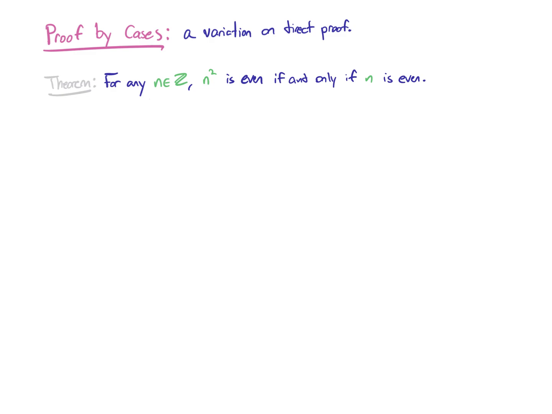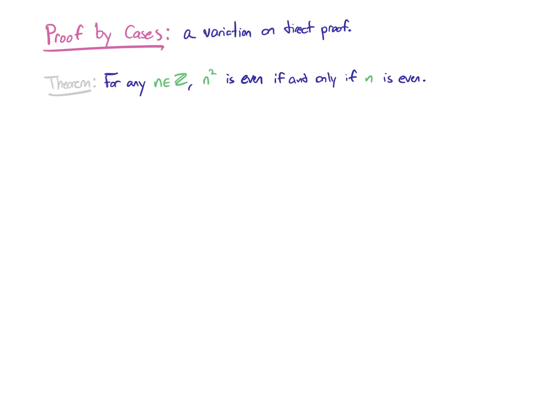Theorem: for any integer n, the integer n squared is even if and only if n itself is even. So this doesn't necessarily look like something that requires us to make decisions, but let's look at the structure a little more carefully.